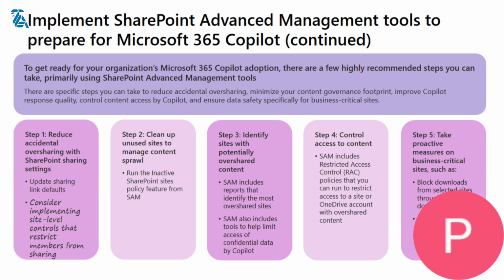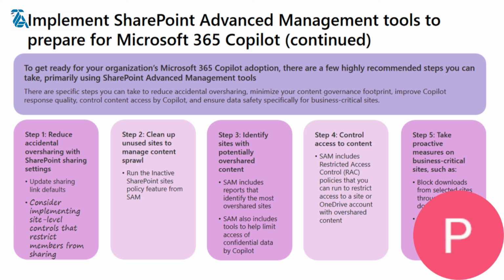Also, identify sites with potentially overshared content. SAM includes reports that identify the most overshared sites, right? Overshared in the sense that content may have been shared externally, and also internally. Those reports can be generated, and SAM also includes tools to help limit access to confidential data via Copilot.